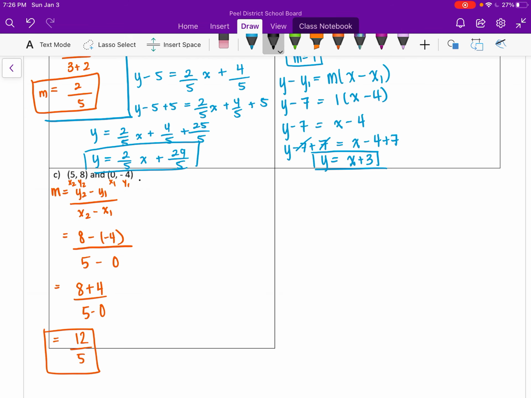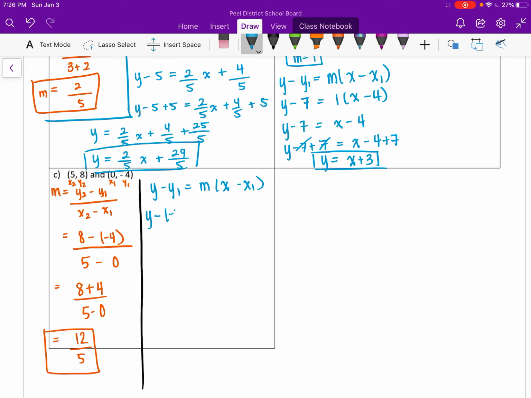Simply going to go back to my original y minus y1 equals m times x minus x1. Plug stuff in. So I'm going to use the 5 and the 8. Actually, I'm going to use the -4 and the 0 because 0 is a nice number to work with. But you can use the 5 and the 8.